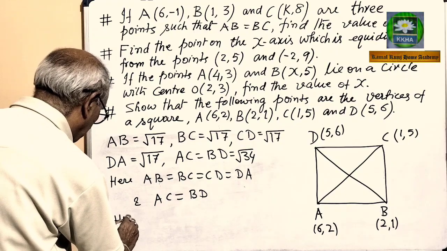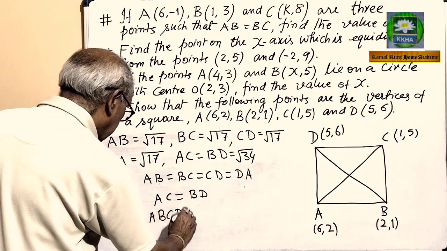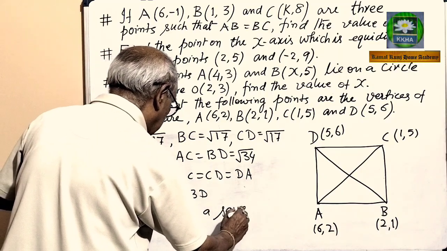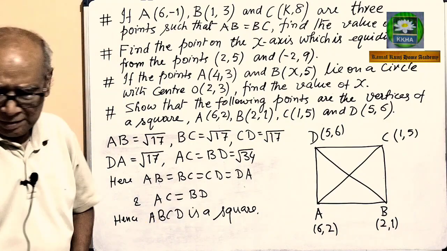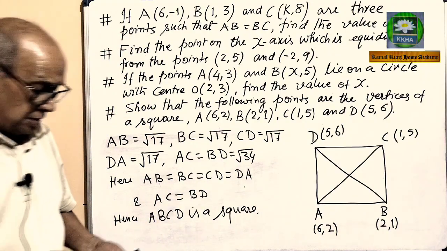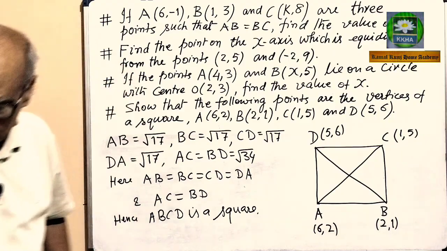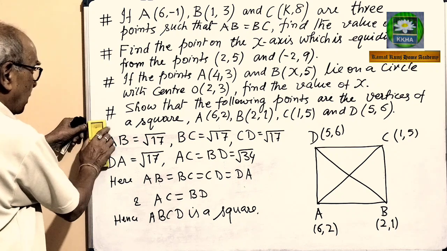Hence ABCD is a square. Now let us solve the next problem.